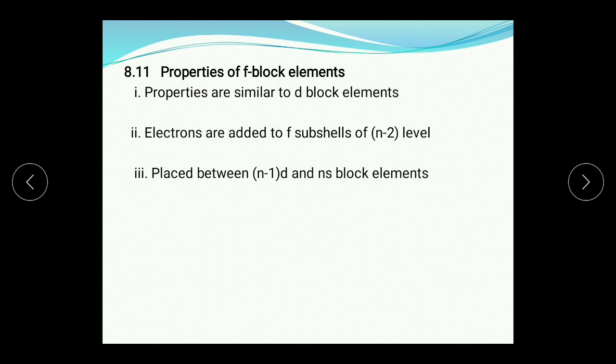The nth shell is the final shell. Take the example of F block elements, the 4F series and 5F series. There are two series. 4F is lanthanoids, 5F is actinoids. When the 4F series starts filling up, at that time 6S is already filled, then 5D. 5D contains only 0 or 1 electron because it is in the first group itself.